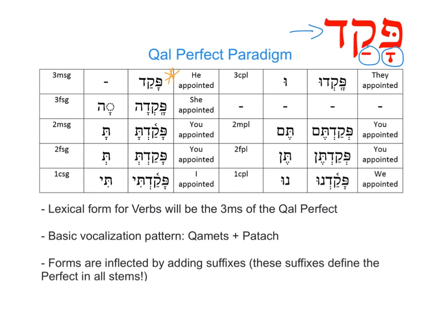In a minute, we'll look at a few places where that's not true, but for now, if we recognize that as being something that accounts for probably about 80-85% of the vowels in this paradigm, then we're in good shape. So 3MS looks like that, pakad, and those two hints, that kametz and a patach, will also be helpful for us as we run our eyes down it further.